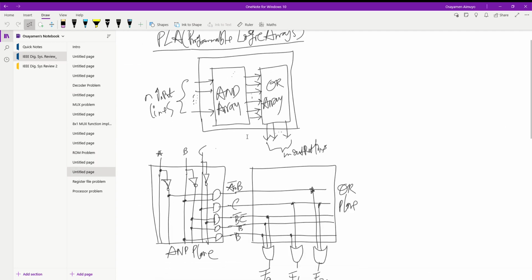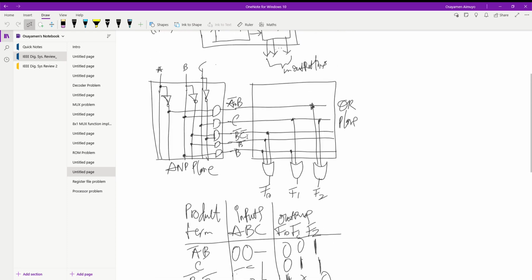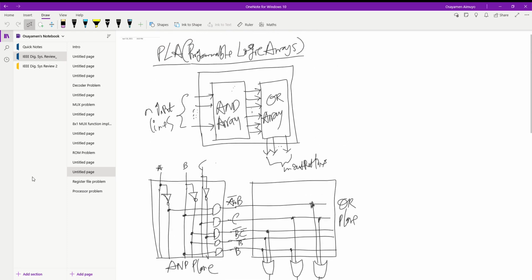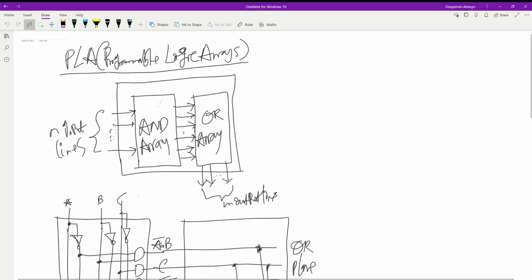Okay, so programmable logic arrays have the following format. So you have n input lines, right? And then you have an AND array, an OR array, and m output lines as well.